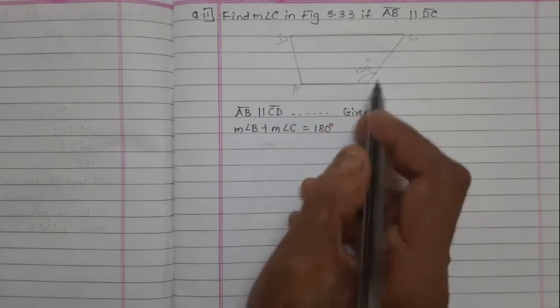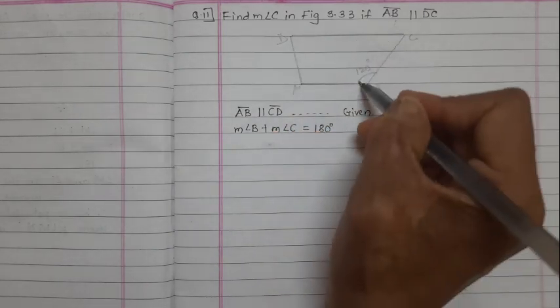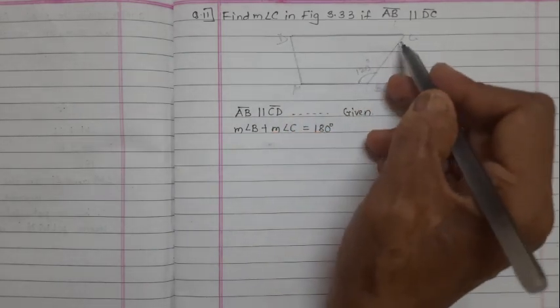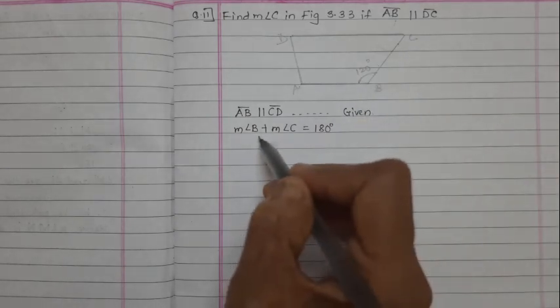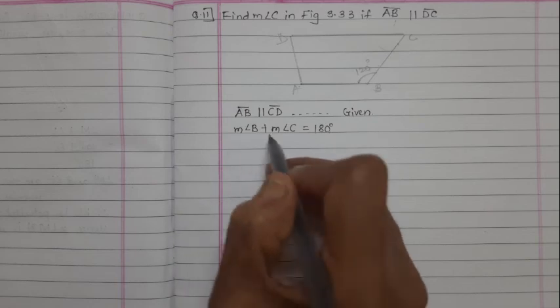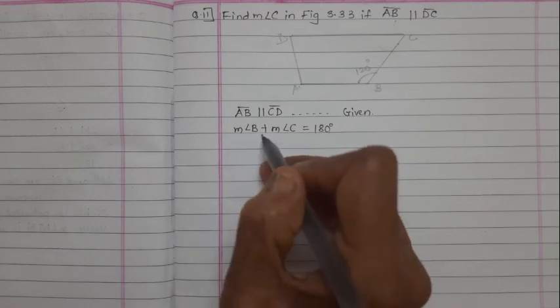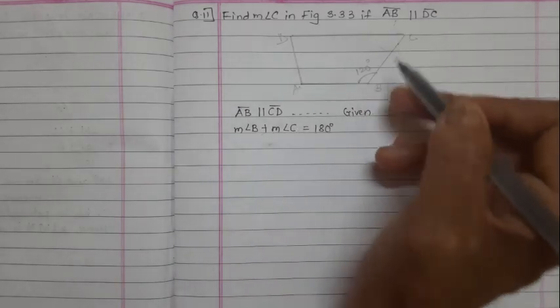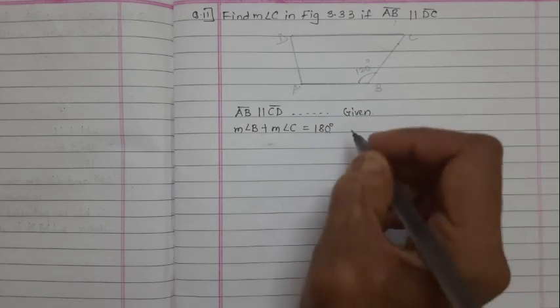These two sides are parallel sides. So angle B and angle C are adjacent angles and the sum of the adjacent angles is 180 degrees.